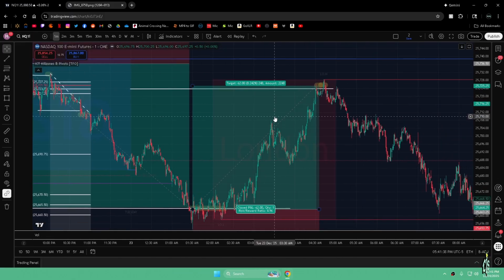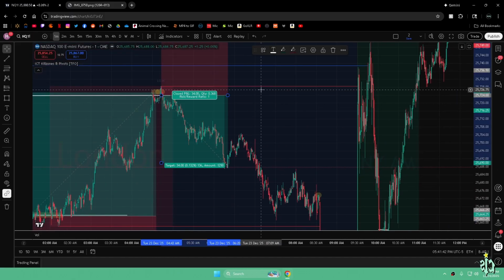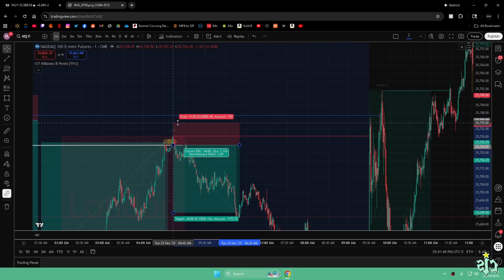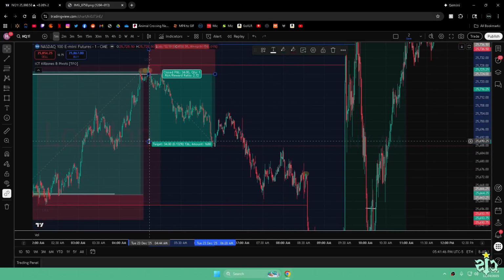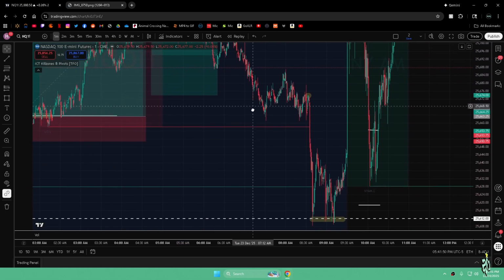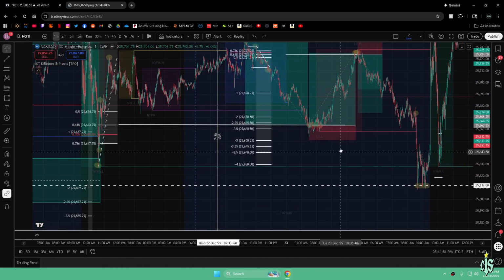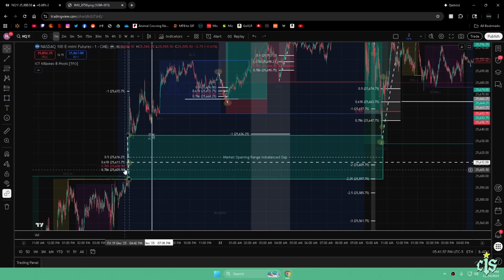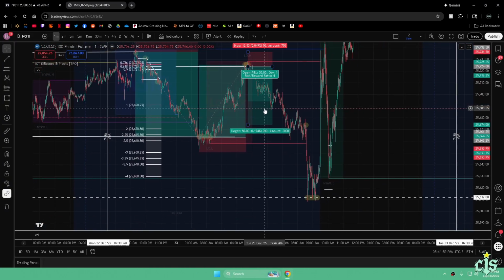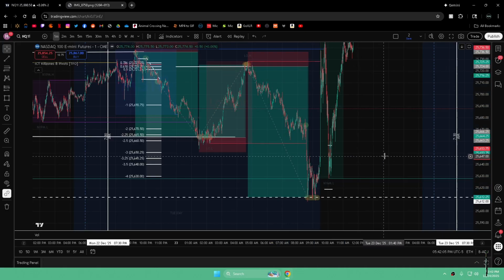You would get out of your longs and go short, 50 ticks, and for 200 points, right? Or we have another OTE range imbalance. You could be greedy, go for this OTE zone, and boom, that hits.